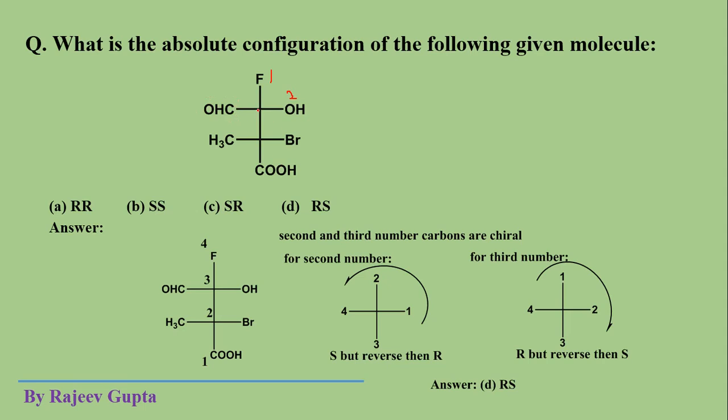So here the carbon is directly attached to oxygen, oxygen, hydrogen, and this carbon atom is attached to bromine, carbon and carbon. It is clear that bromine has high priority, high atomic number. So this carbon atom will get third priority, and obviously this is the fourth.